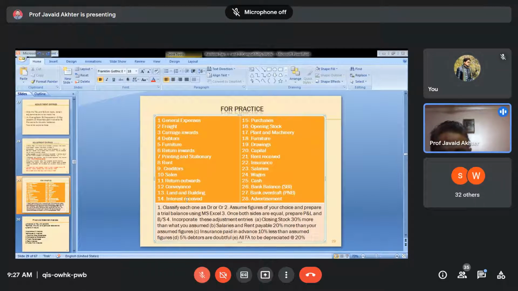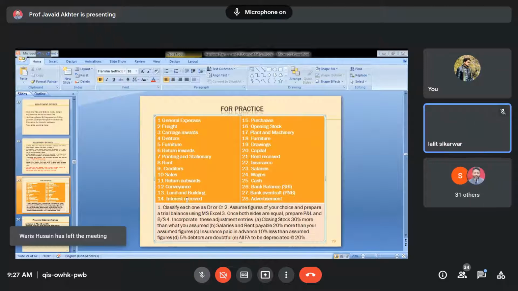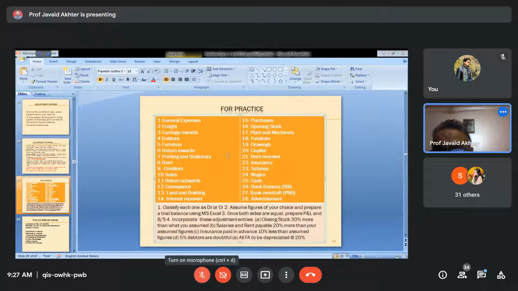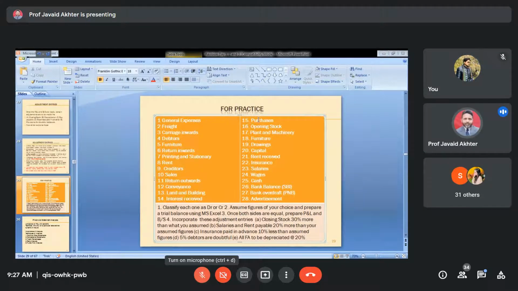Serial number 14? Revenue. Very good, revenue. Serial number 19? Expenses. It will be subtracted from capital. Serial number 15? Expenses. Now let me make one more doubt clear.